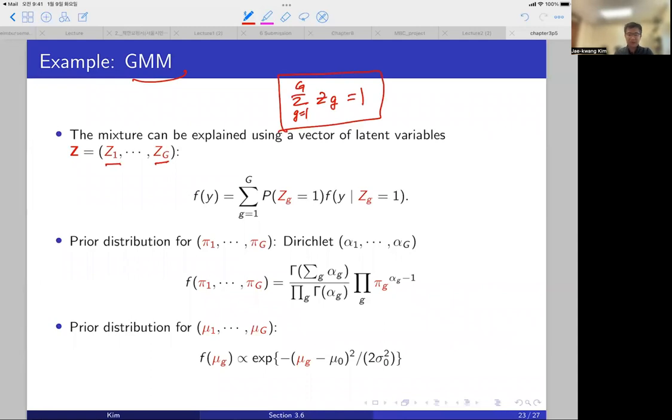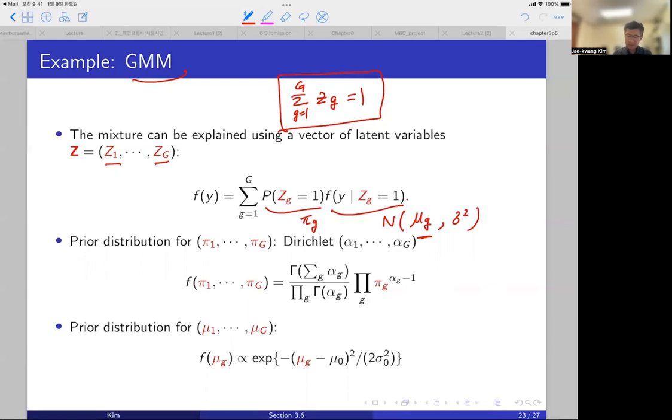Okay, so then this is basically pi g, and this is normal mu g sigma square. So this mu g is a group-specific parameter.